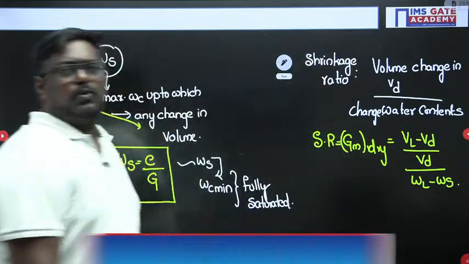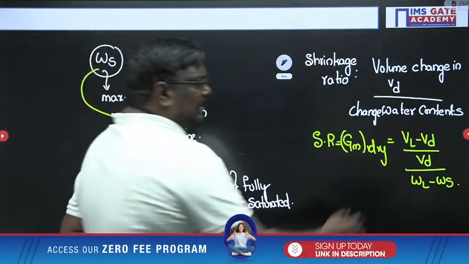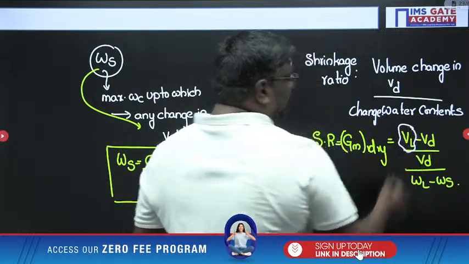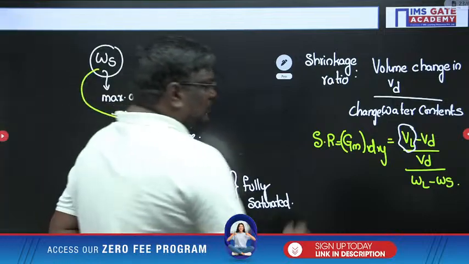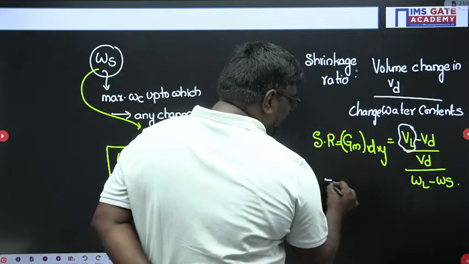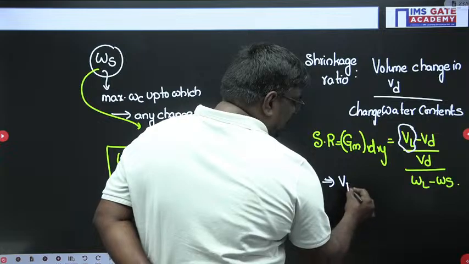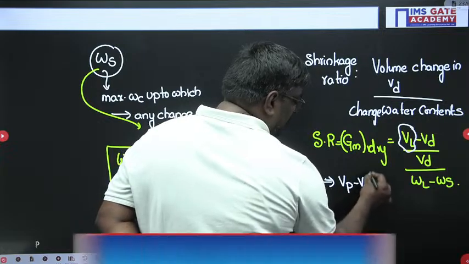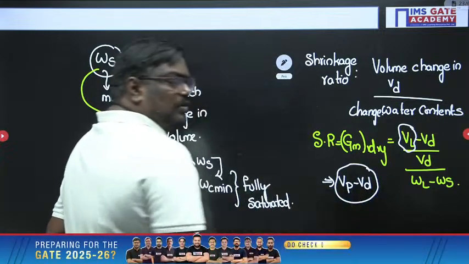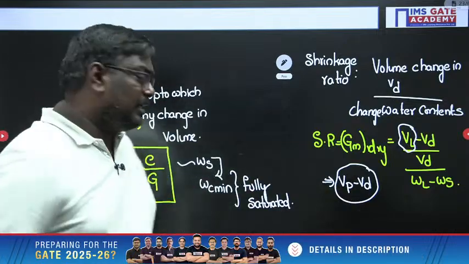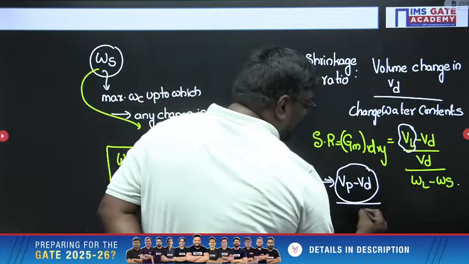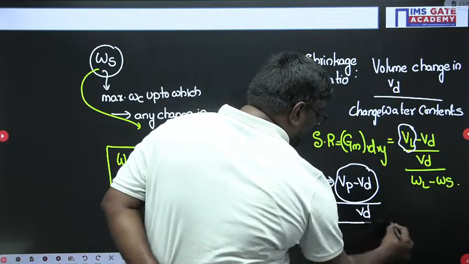What is VL? Volume at liquid limit. What is VD? Volume at dry state. The shrinkage ratio can also be written as the change in volume VP minus VD, which is the change in volume from plastic limit to dry state expressed in terms of dry volume to the corresponding change in water contents.